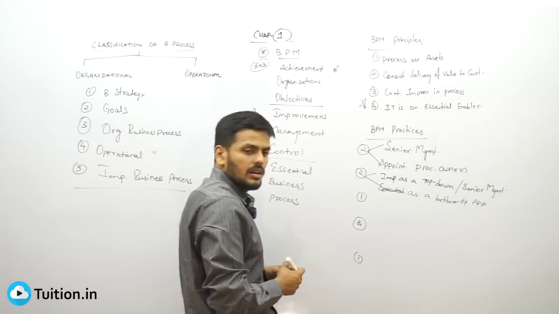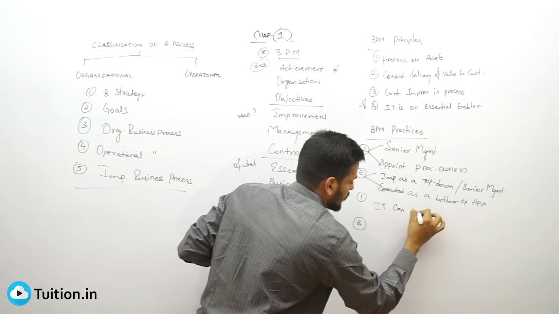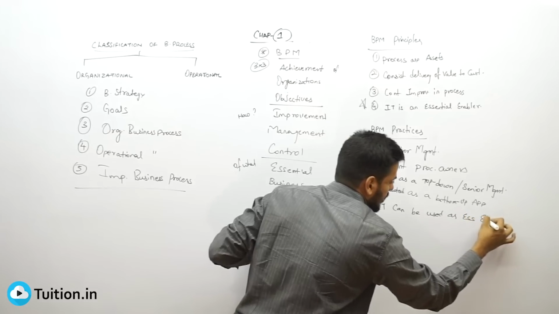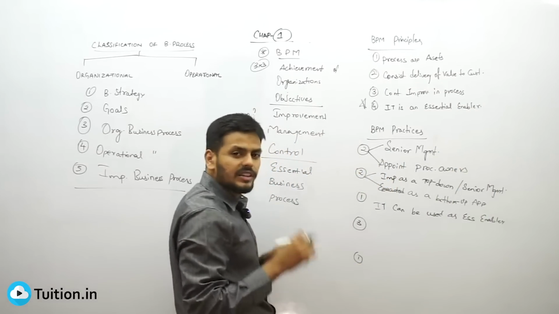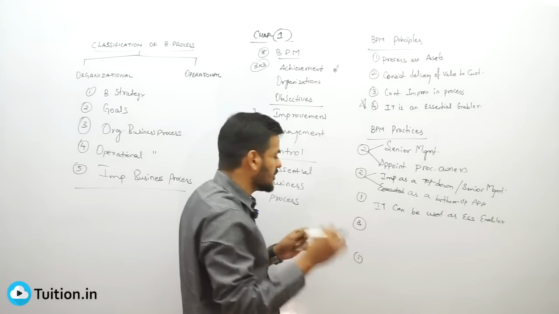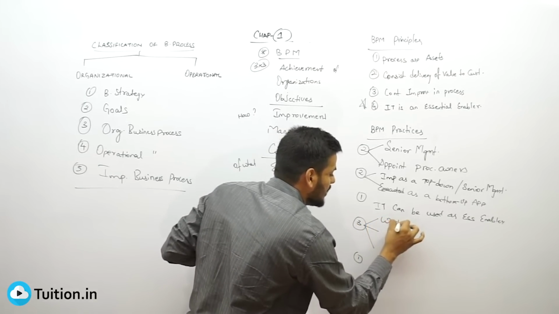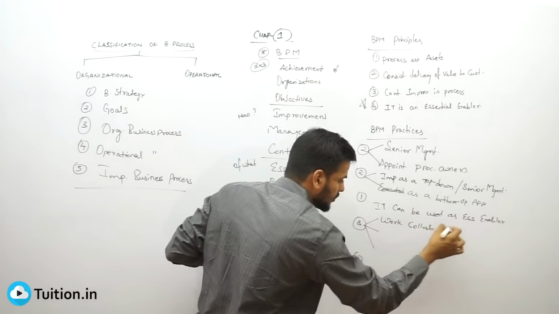And when you move on, you talk about IT. IT can be used as an essential enabler. Then we have 3 points to talk about with respect to employees, right? Work collaboratively across departments.